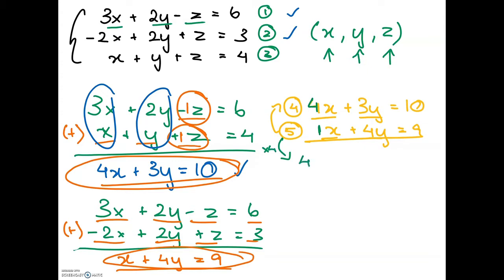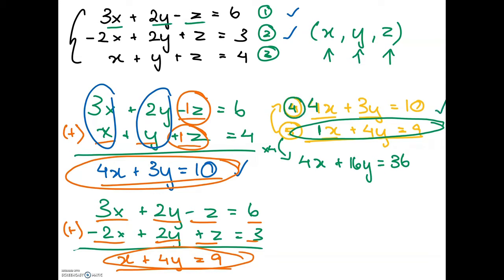So let's do 4x plus 16y, which is equal to 36. So basically what we did now is take this bottom equation, x plus 4y equals 9, and multiplied it by 4 to get 4x plus 16y, which is equal to 36. Now why did we do this? Because the fourth equation, this equation over here, has 4x plus 3y.